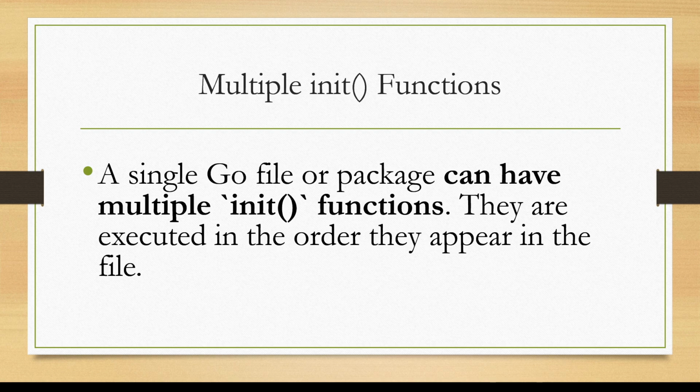But here's a small caution: don't go overboard with too many init functions. It can make your code hard to read if there is too much happening behind the scenes. So always make sure it is clear why each init is there. Remember, you can have multiple inits and Go will take care of calling all of them in order. We will see how this looks in code in the next slide.